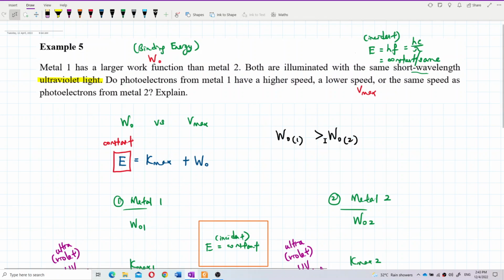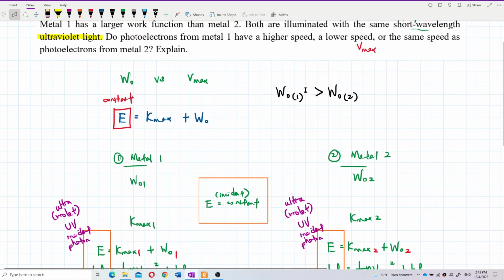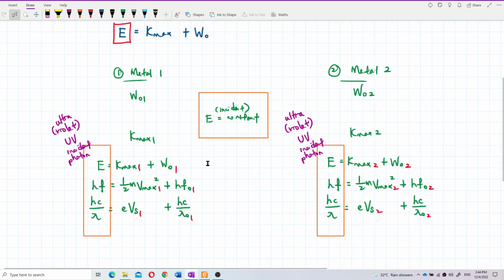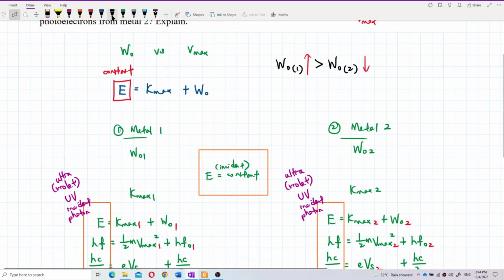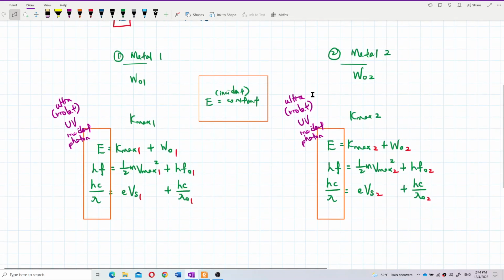That means the work function for method 1 is bigger and for method 2 is smaller. Let me write it down. The work function of method 1 is bigger.